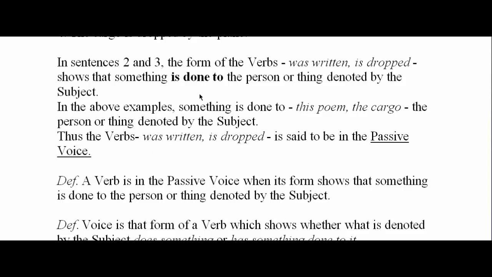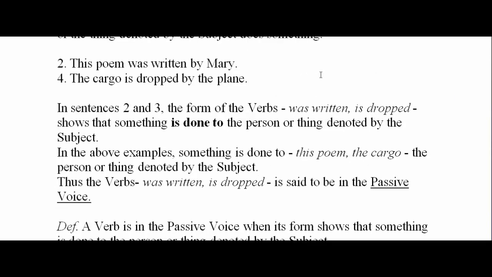Was written, is dropped, shows that something is done to the person or thing denoted by the subject, this poem and the cargo. What has been done to the cargo? It has been dropped by the plane. What has been done to the poem? It was written by Mary. Thus, the verbs was written, is dropped are said to be in the passive voice.